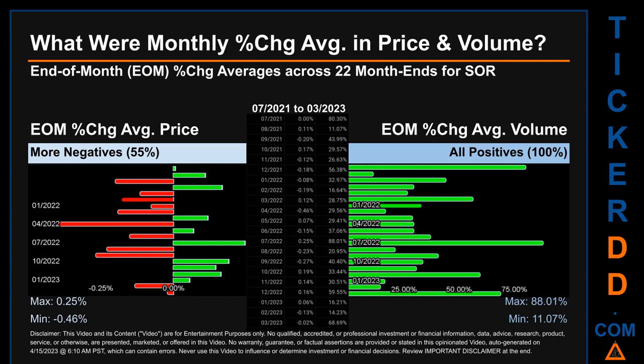That is 100% of month ends saw a positive percentage change in average volume. Price saw an end-of-month max of 0.25% in average percentage change along with a minimum of -0.46%. For volume, the maximum and the minimum monthly percentage change were respectively 88.01% and 11.07%.